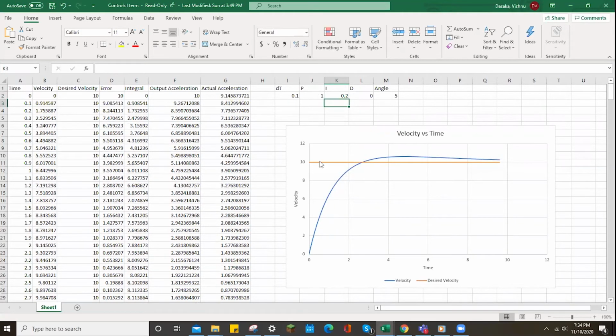That's because it accumulates the error even when you're speeding up, not only when you're slowing down. In the beginning, when we're accelerating at 10 meters per second squared, the I controller calculates that error as well and adds it on. So it's extra error that has to show up somewhere above the desired value, and it goes past the desired value. So a lot of times people choose not to use a PI controller.